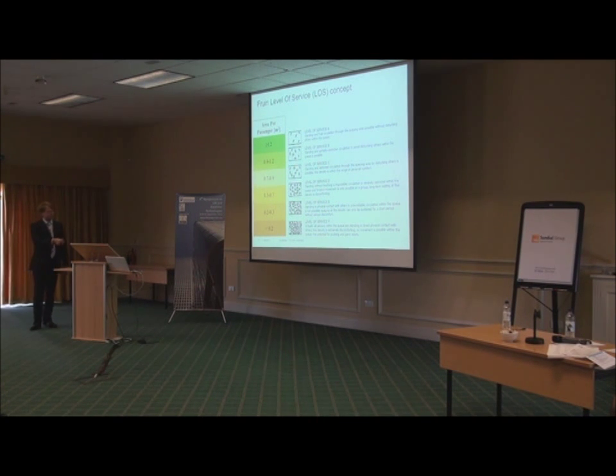But he also gave an example that this level of service E could be used to design a lift occupancy. And that range was from 0.2 to 0.3 square meters per person.